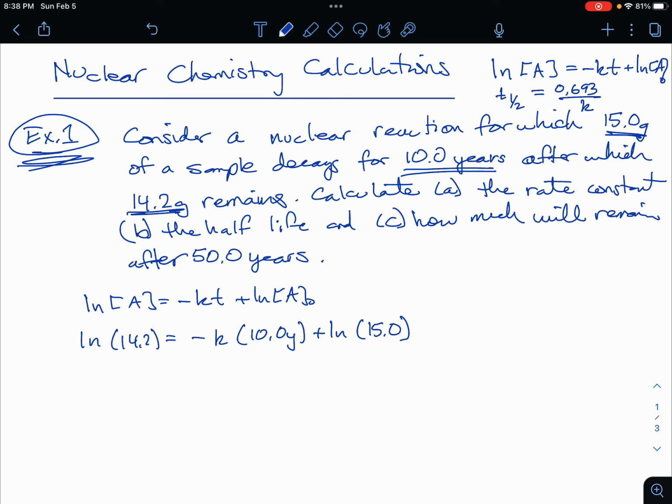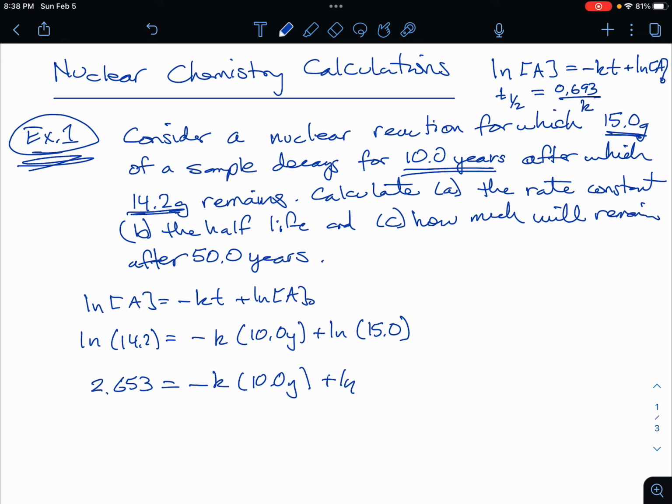You can do some sleight of hand here with the logarithms, and if you know how to do it, go for it. I think it's generally easier to just punch this through, so we do ln of 14.2 on the left-hand side and simplify. This becomes 2.653 equals negative k times 10 years plus ln of 15.